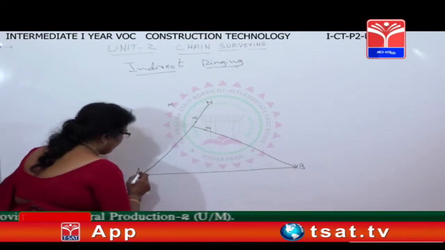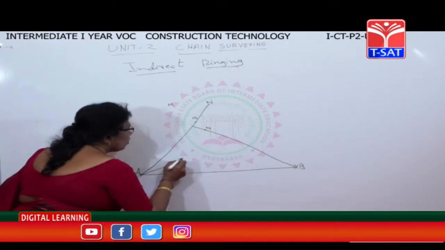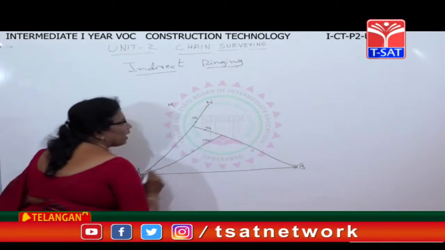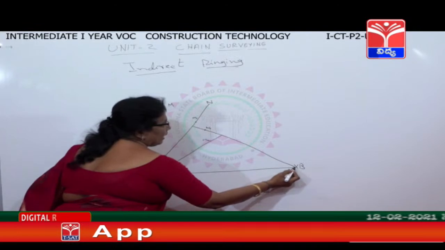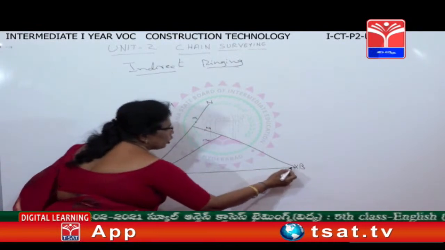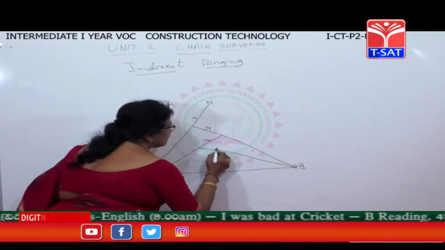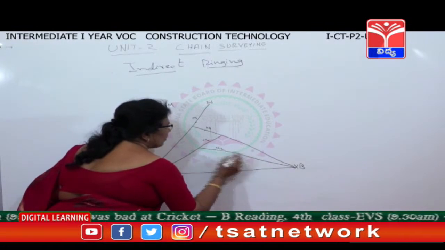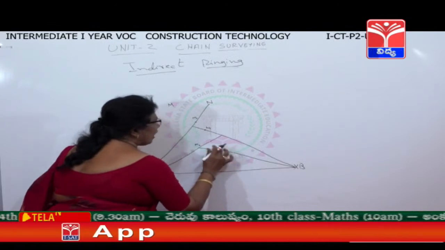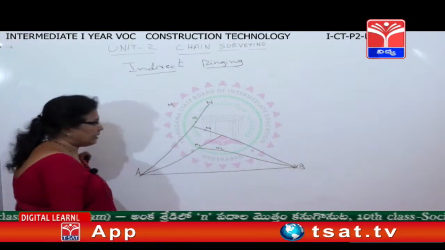Then again, person A will ask M1 to move till M2. And again, the person at B directs N1 to move to N2 such that B, M2 and N2 are in a straight line.